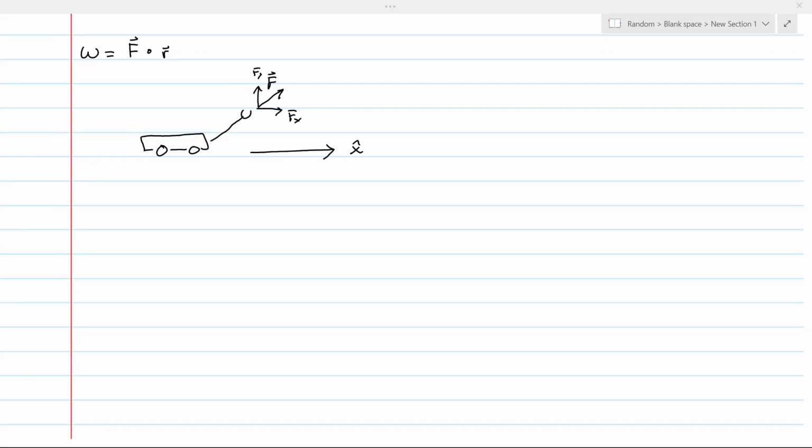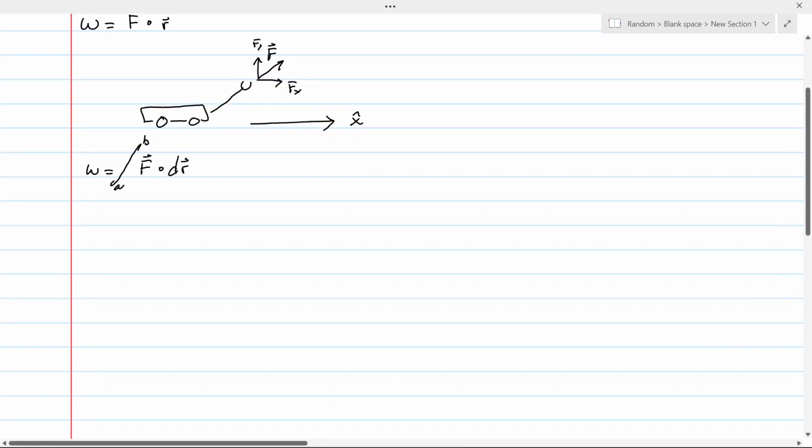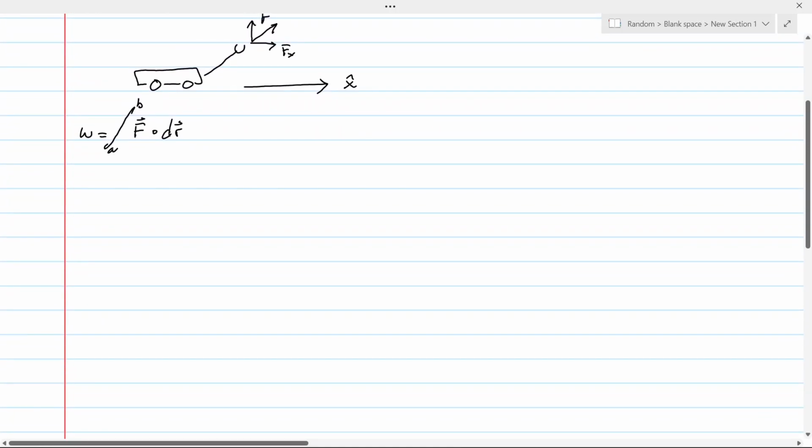We can rewrite the above equation in integral form. Work is equal to the integral from a to b of the force vector dotted with an infinitesimal displacement vector. Next, we invoke Newton's second law, which says that the F vector is equal to mass times an acceleration vector, which can be rewritten as mass times the time derivative of a velocity vector.